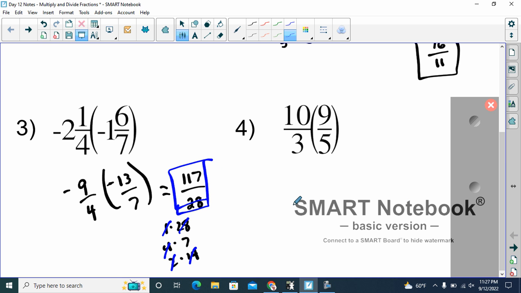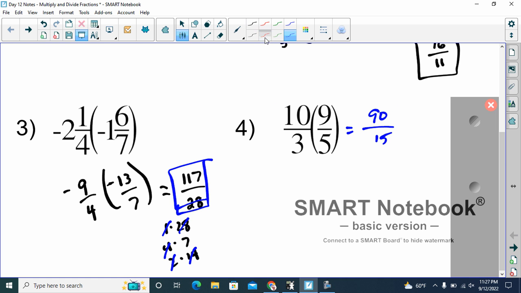10 thirds times 9 fifths. The problem is written with improper fractions, so we can go ahead and move on to step 2, multiply across the top and multiply across the bottom. 10 divided by 5, or 9 over 3, those would reduce, so I can reduce this.